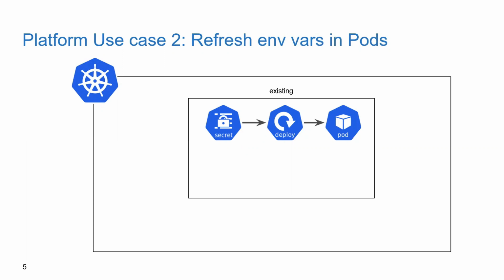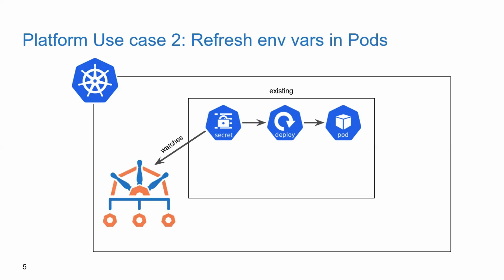So going back to our existing namespace, we have a deployment, which is consuming a secret, and that deployment is spawning pods. Now, not shown here is a replica set, but we understand that a replica set is an intermediary resource controller. So the deployment already has pods that are spawned, and it's consuming a secret. Now, what we want is Kyverno will watch that secret for any changes.